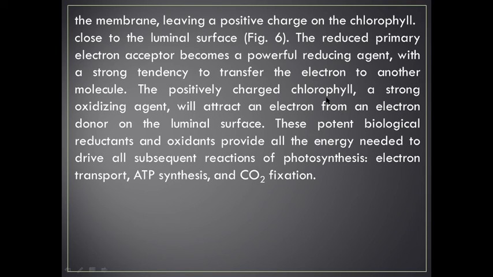The positively charged chlorophyll A, a strong oxidizing agent, will attract an electron from an electron donor on the luminal surface. These potent biological reductants and oxidants provide all the energy needed to drive all subsequent reactions of photosynthesis: electron transport, ATP synthesis, and CO2 fixation.